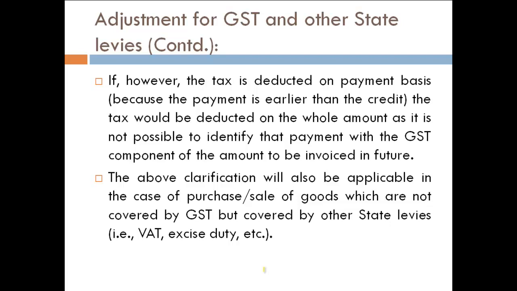But when the invoice is raised, obviously the previous transaction, that is the advance, and the TDS which has been deducted therefrom, is ultimately adjusted. The above clarification will also be applicable in the case of purchase or sale of goods which are not covered by GST but covered by other state levies, that is VAT, excise duty, etc.